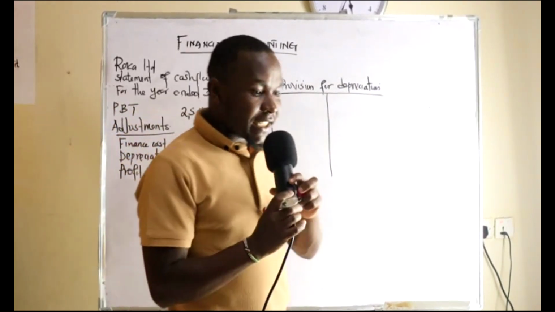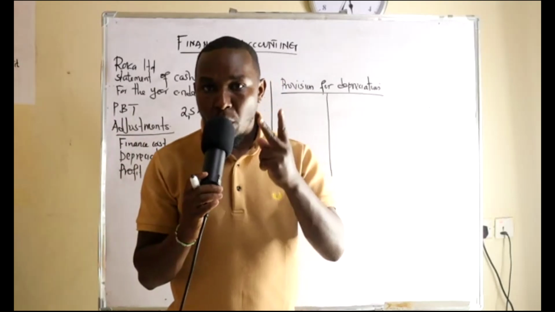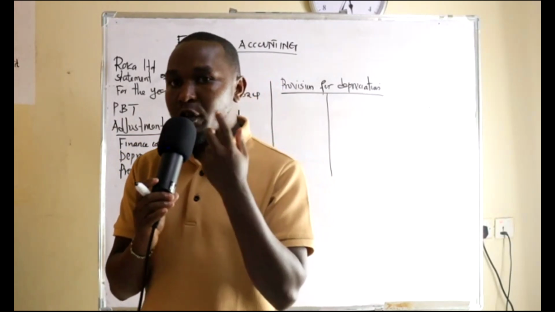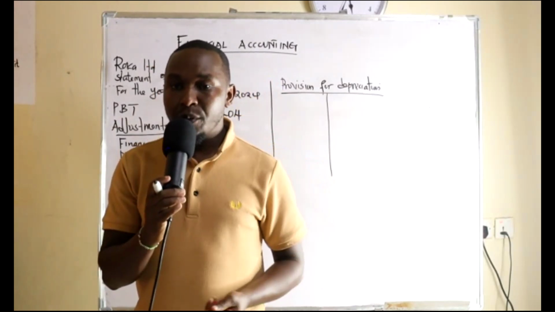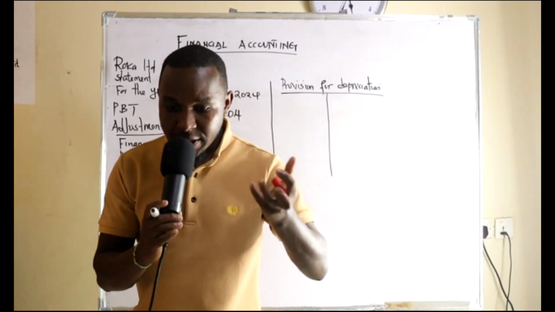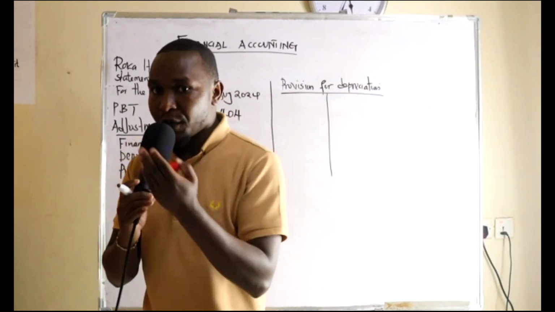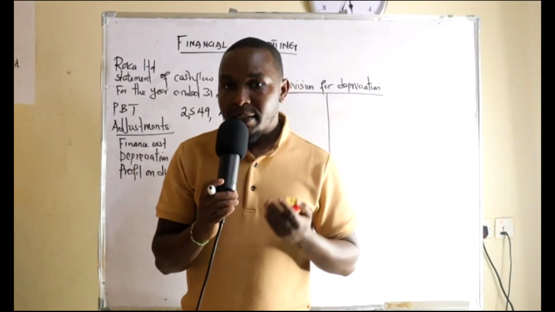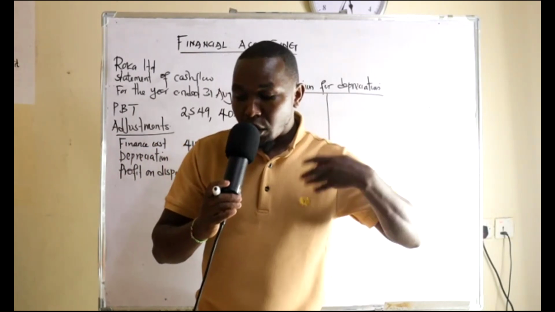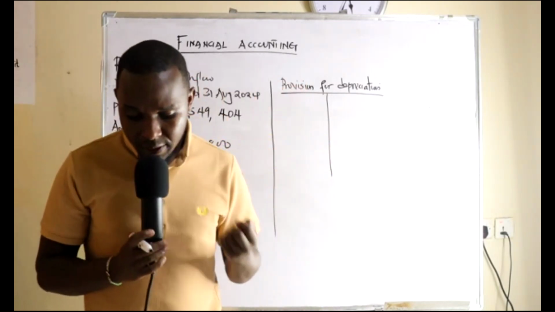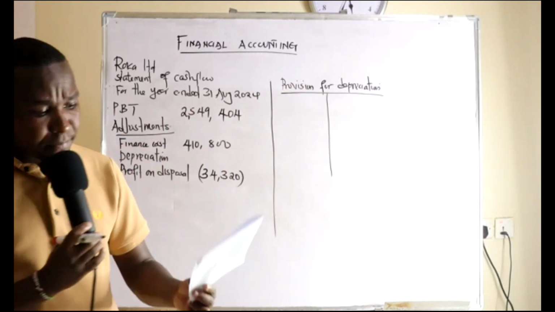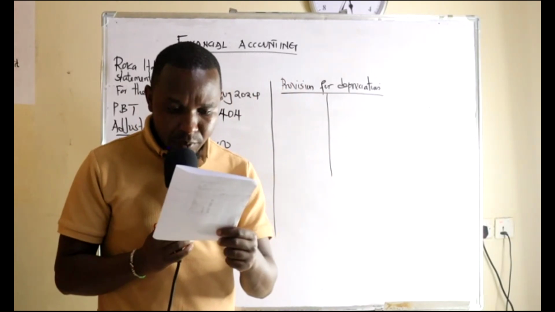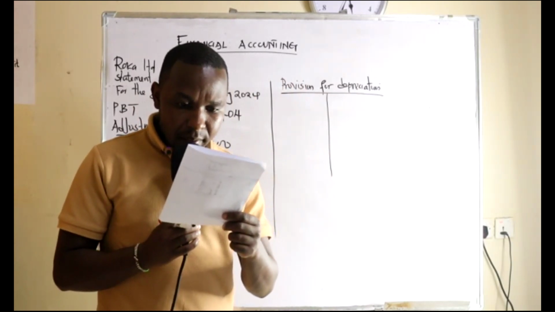The examiner has given you two options: the net value and the cost value. Decide. If you decide to take the cost value, go with the cost value. If you decide to go with the net book value, go with net book value. But when it comes to the provision for depreciation, we go with what the examiner has given us, which in the balance sheet is the net book value.